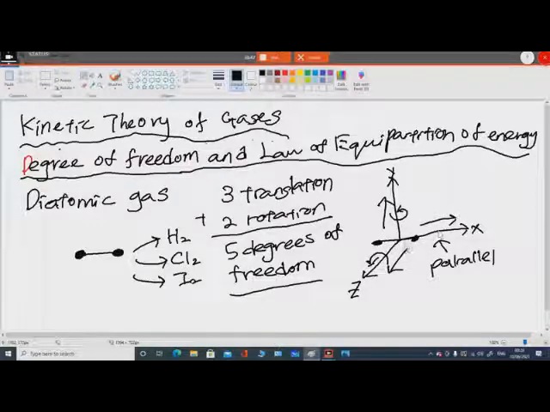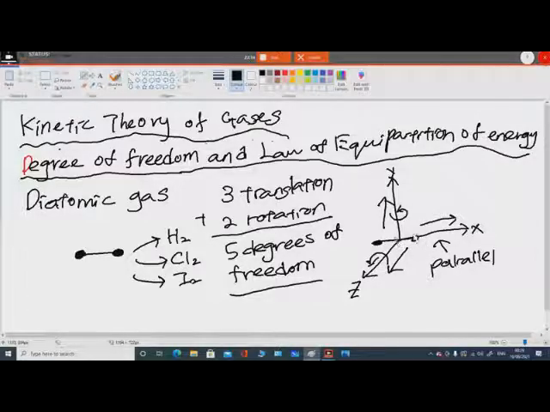Instead, it is always perpendicular to the y-axis and the z-axis, as we can see that the diatomic gas is always toward this direction, and the z direction is always perpendicular as well.